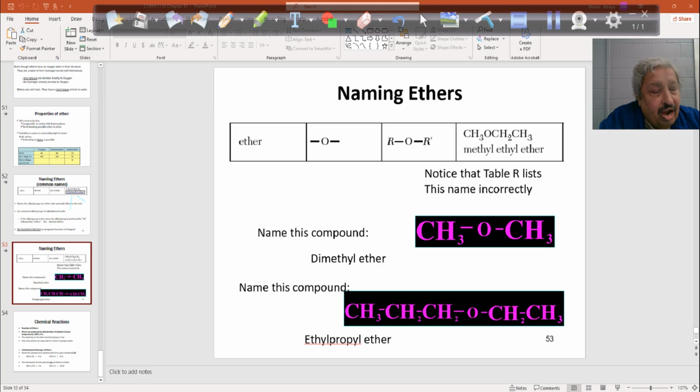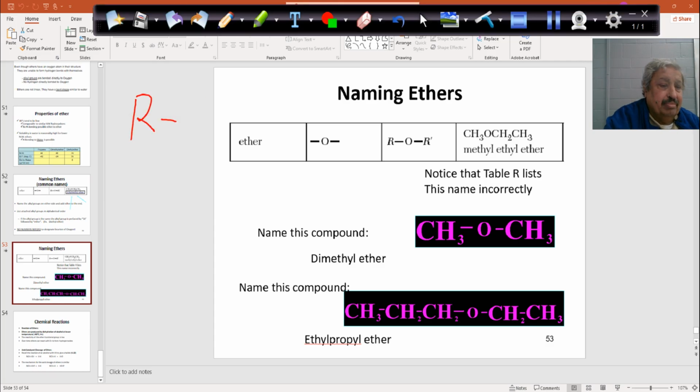The smaller the R in size, like 1 carbon, a methyl group for example, the more reactive the ether is. Okay, guys? And that's really for the whole chapter, thiols and alcohols, if they are connected to a big R. It's the same trend, but in ethers you can see it much better.